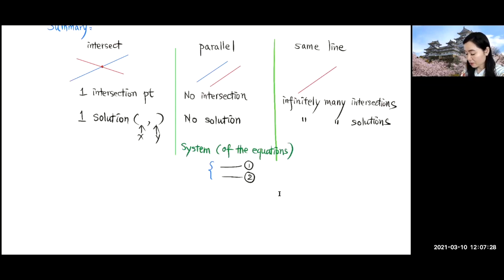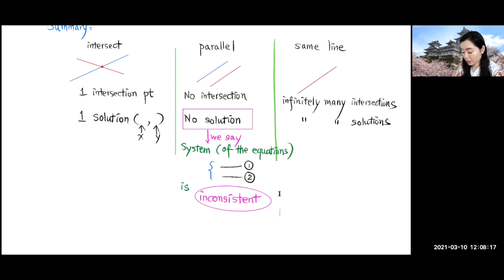Now, if we have no solution, then we say the system is inconsistent. So when the two lines are parallel, we have no solution, and we say the system of the two equations is inconsistent.